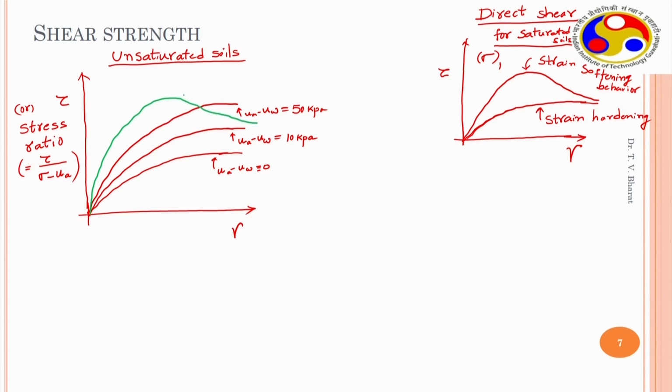So, this is the behavior at UA minus UW equals, say, 200 kilopascal. And if this is increased further, this is how it changes, and the peak stress, the ultimate stress, increases.